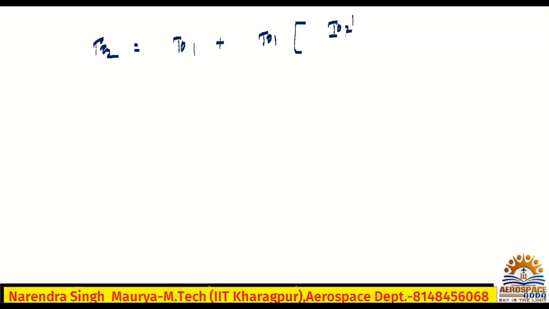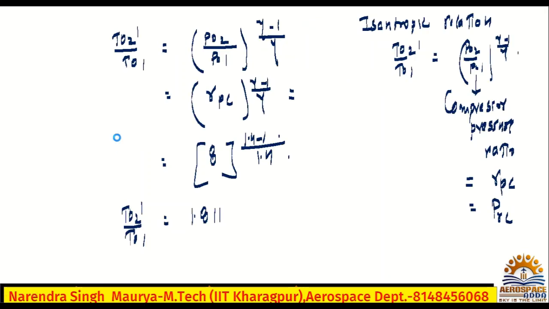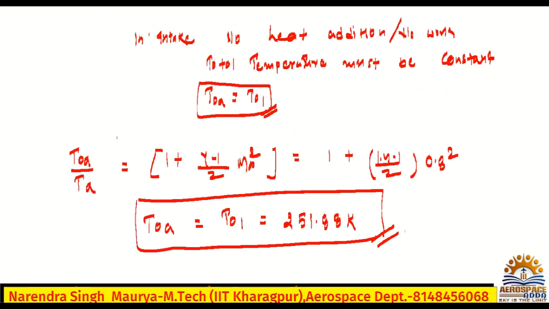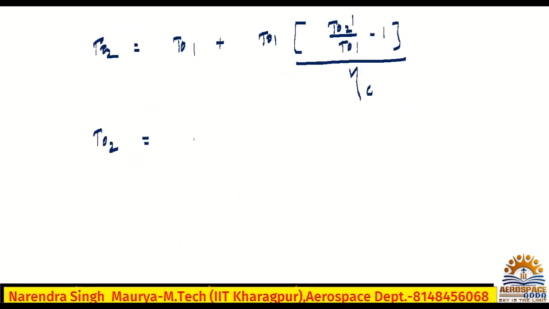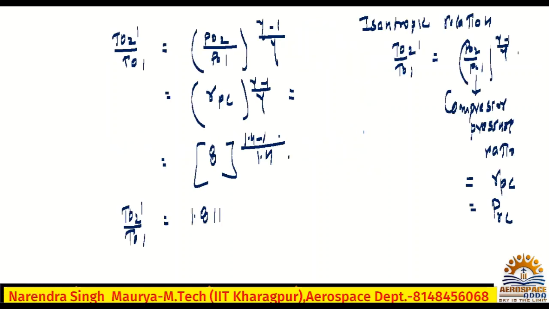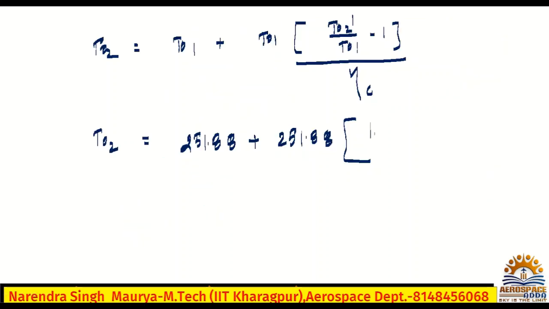T naught 1 is 251.88, plus 251.88 times this T naught 2 dash by T naught 1 value, 1.811 minus 1.